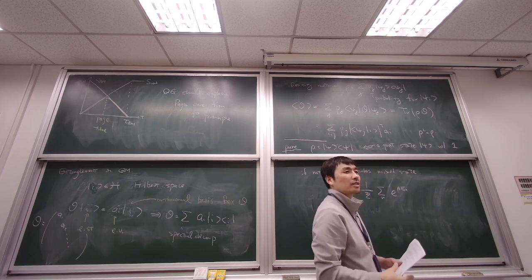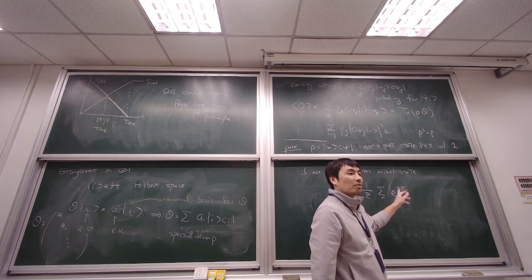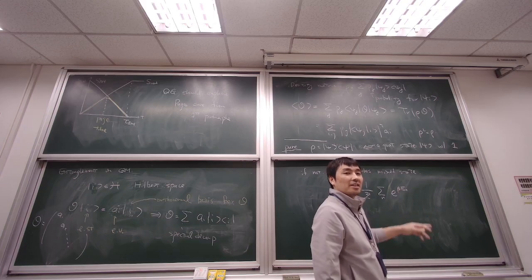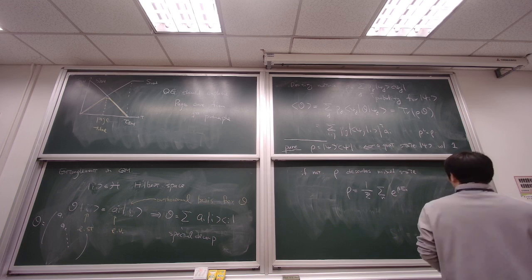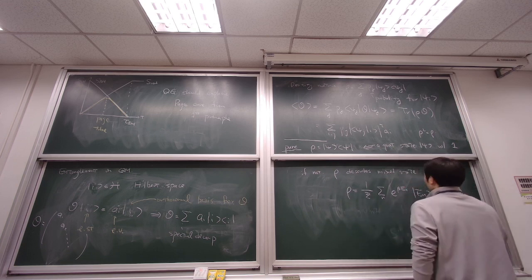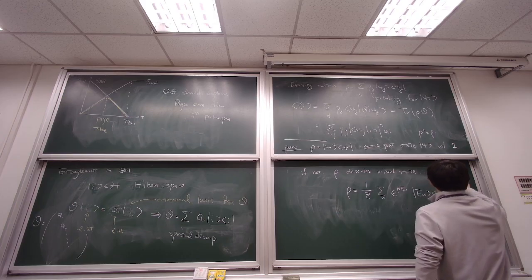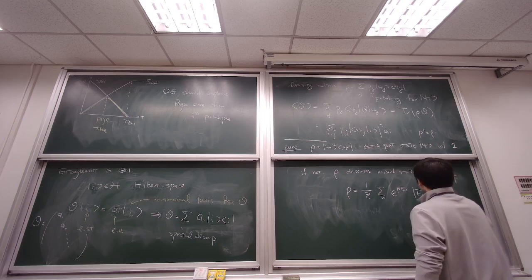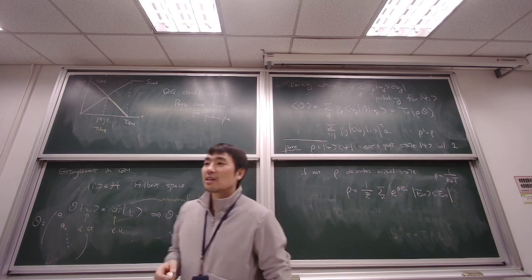Sorry, is there any minus sign? Beta is, of course, 1 over the Boltzmann constant. I don't like the Boltzmann constant. Do you need a minus sign?